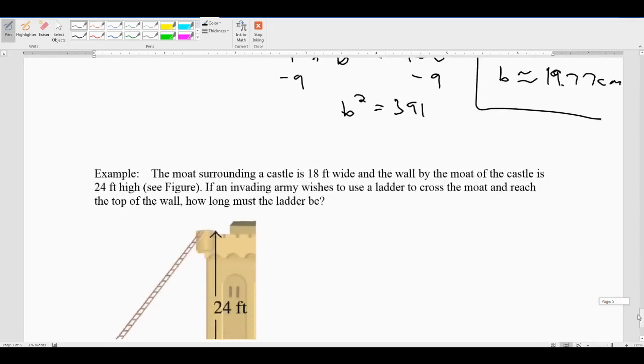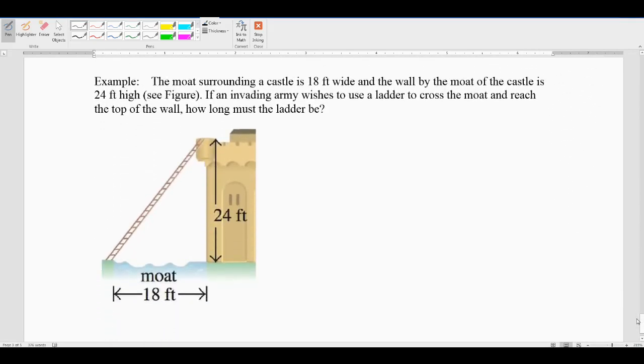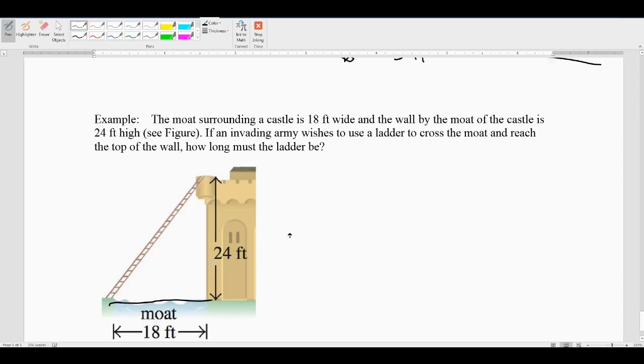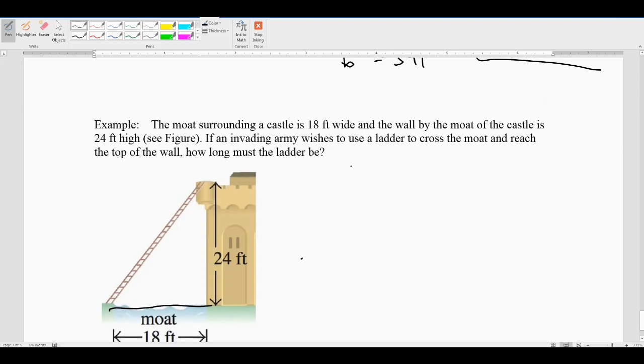And then our last example is a word problem. It says you've got a moat surrounding a castle, an 18-foot wide moat, and the wall is 24 feet high. And we want to know the ladder length. Well, this forms a right triangle.